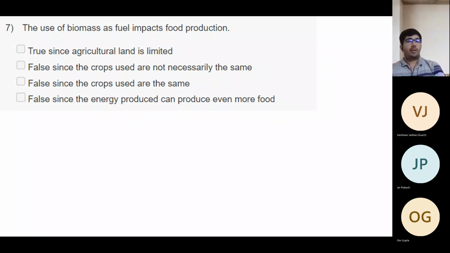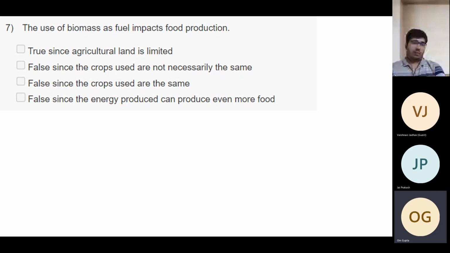Maybe they are getting more revenue from that, or maybe in the sugarcane industry the sugar is just a byproduct. The main product is bagasse. So that bagasse can be sold to some industry to generate electricity or power or fuel. Okay, so think in that perspective.